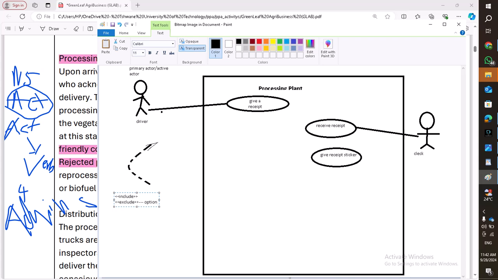The actor has an option to do something, like taking food or drinking water. That is optional. If it's excluded, it's optional. But if it's included, it needs to be done.